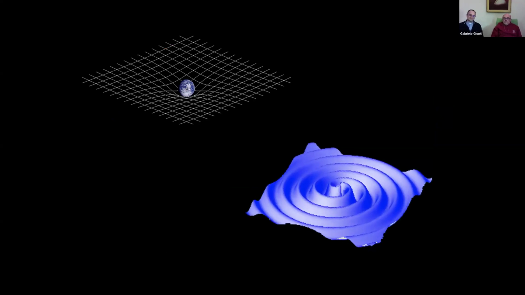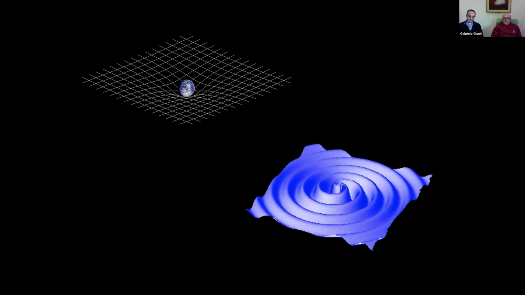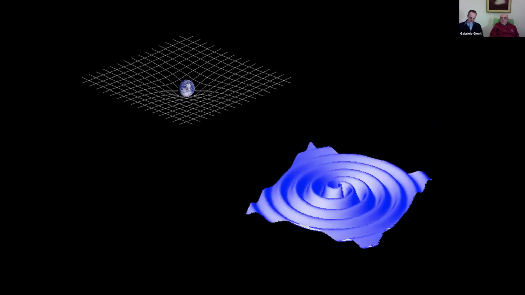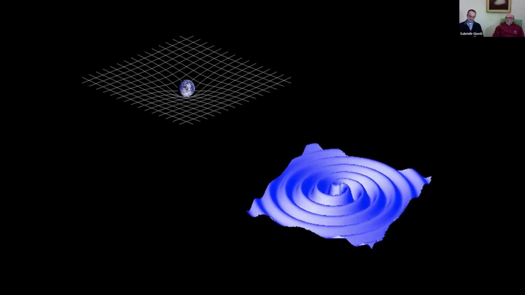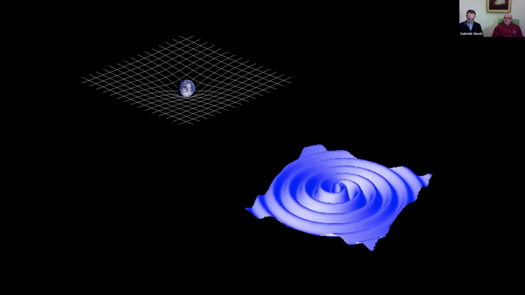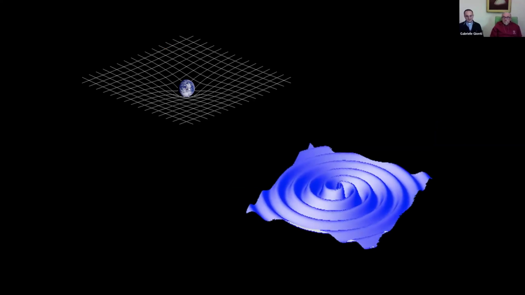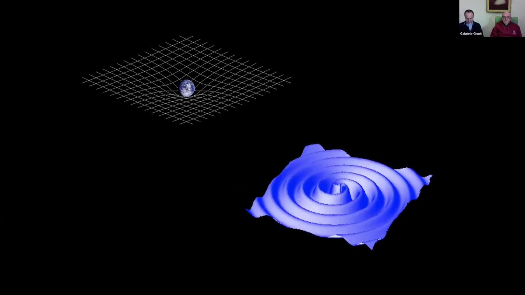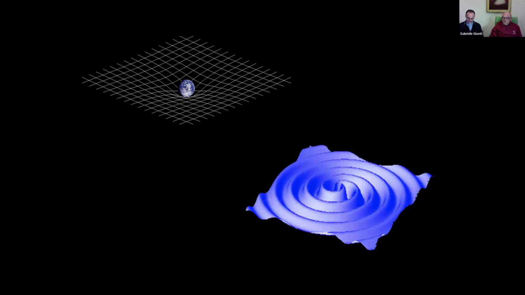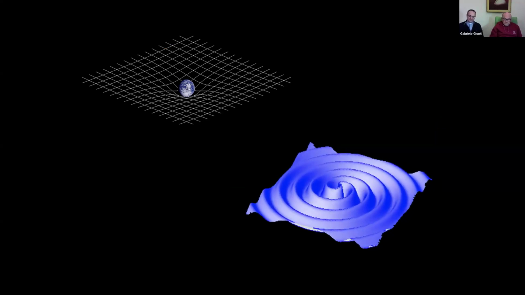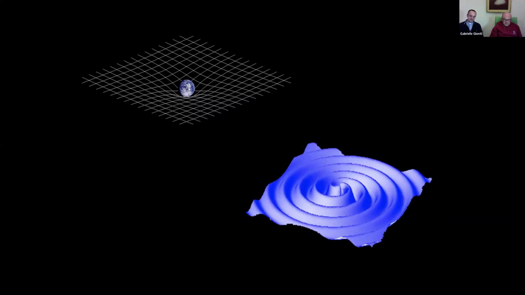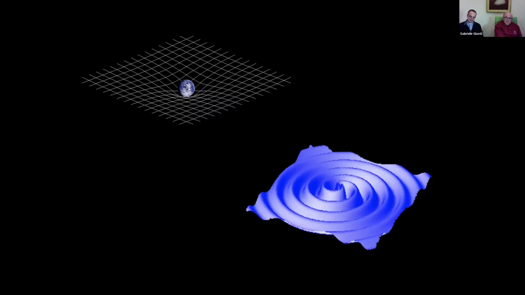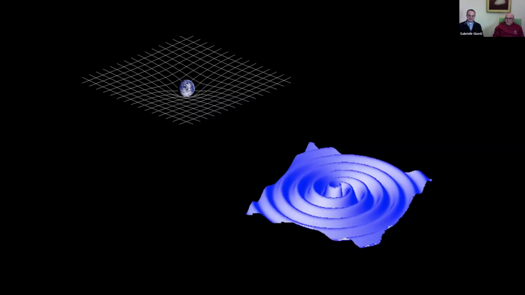gravitational waves. And what are gravitational waves? You know that more than one century ago, in 1915, Einstein published the paper of general relativity. And the following year, he found that there was also a weak field solution of the equations that were gravitational waves. Gravitational waves were detected only 100 years after the prediction of Einstein.